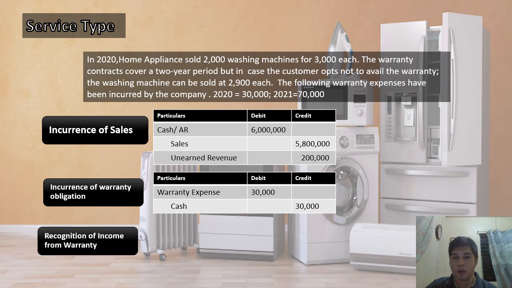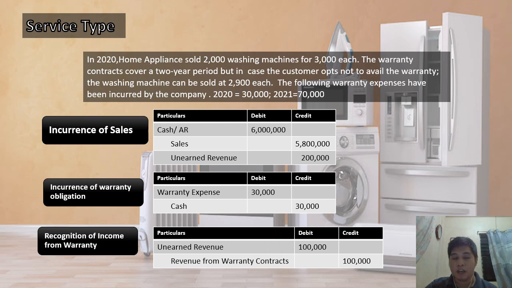Since we have 200,000 unearned revenue, during the first year of the warranty contract we have to recognize a revenue equivalent to 200,000 times 1 over 2, or 200,000 divided by 2. So the journal entry should be a debit to unearned revenue, and we have to recognize revenue from warranty contract amounting to 100,000 pesos.